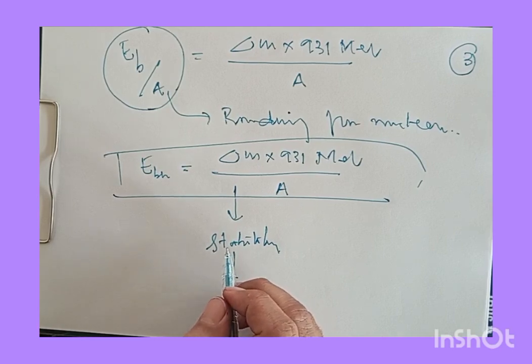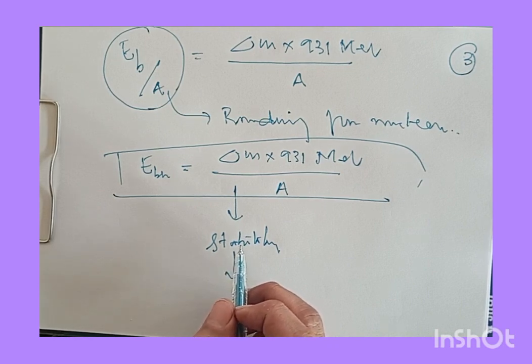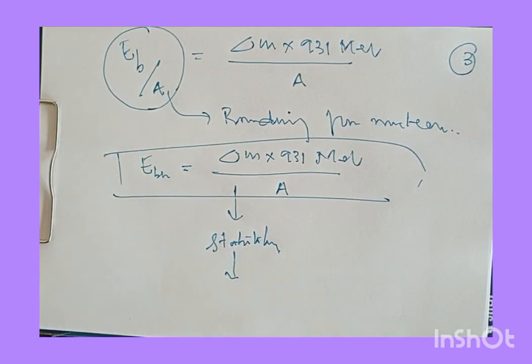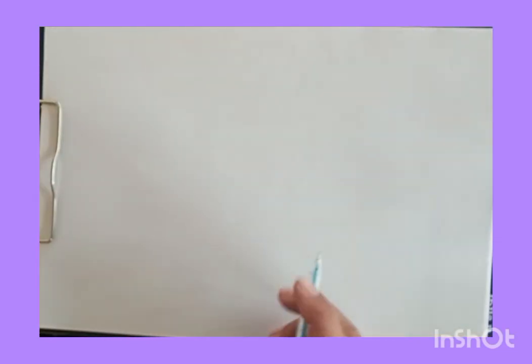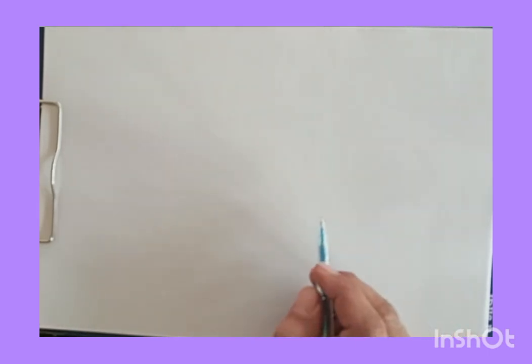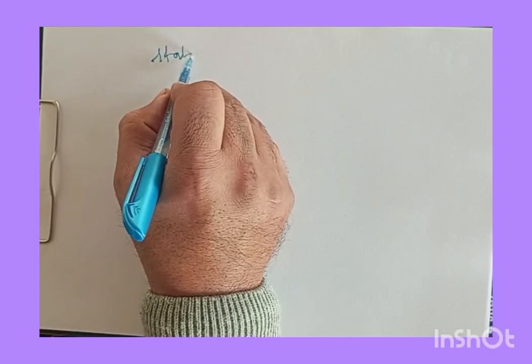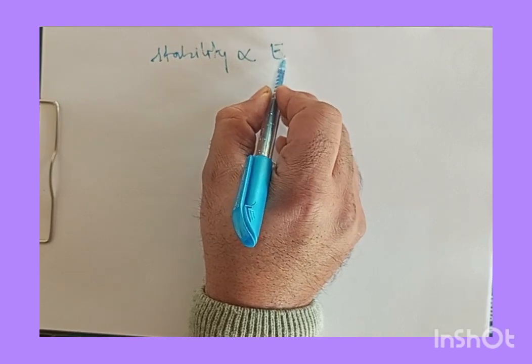So there can be stable nuclei, there can be unstable nuclei. The nuclei which have large binding energy per nucleon will preferably be stable nuclei, and the nuclei which have less binding energy per nucleon will be unstable nuclei. So to say, the stability of the nucleus is proportional to the binding energy per nucleon.